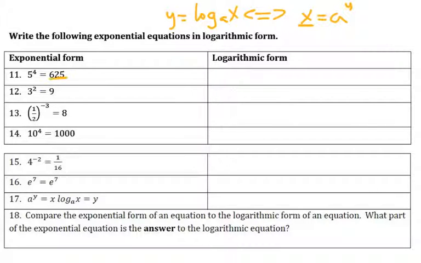The x, the one equal to it, is inside there, and the y jumps there, and the a stays a. So we take the exponent 4 and say it equals log, and in our base, 5. You do it as a subscript, brought down and teeny weensy, and then x is 625. So that's all you have to do.